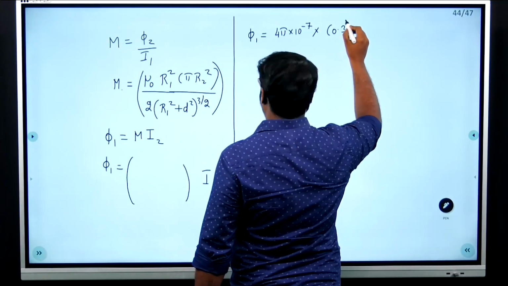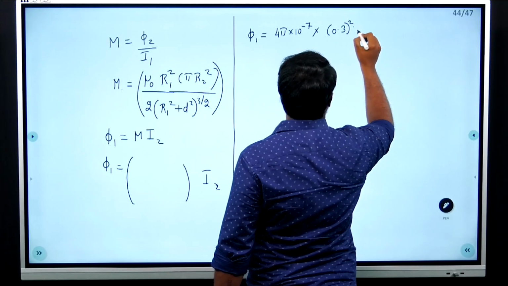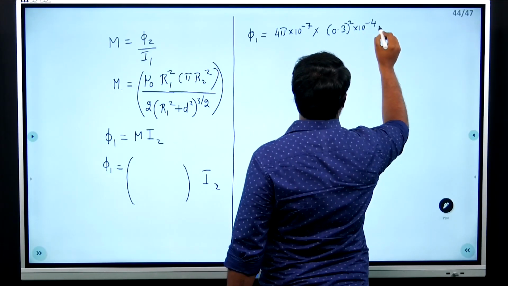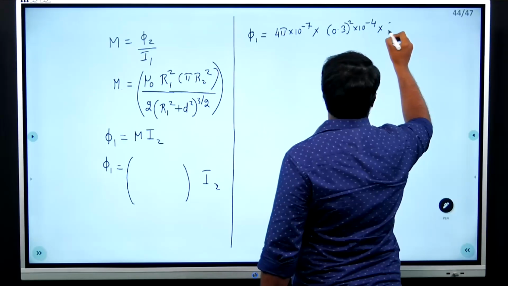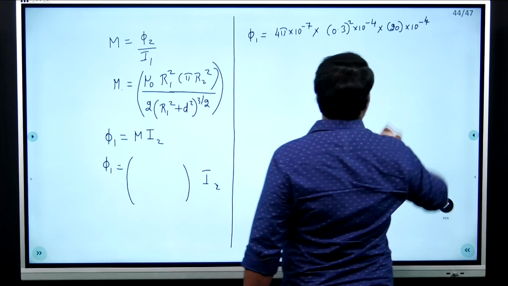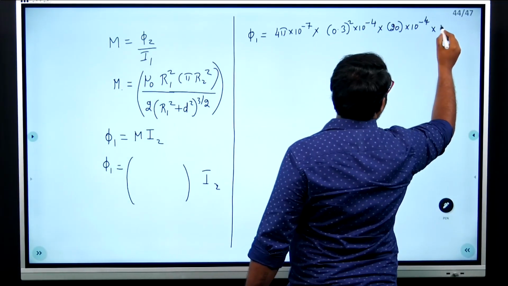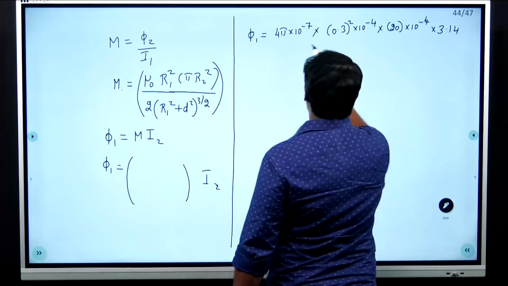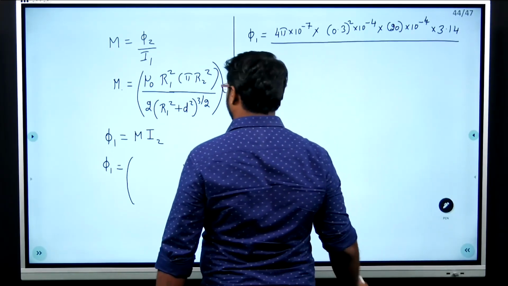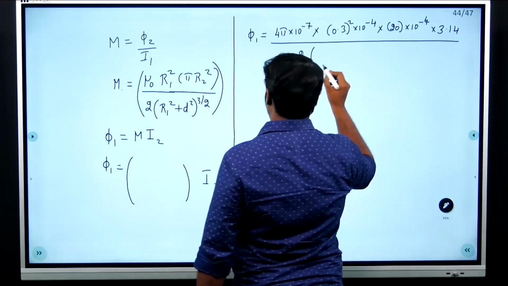So 0.3 the whole square into 10 power minus 4, into 20 into 10 power minus 4, into 3.14, divided by 2 into what is R1?